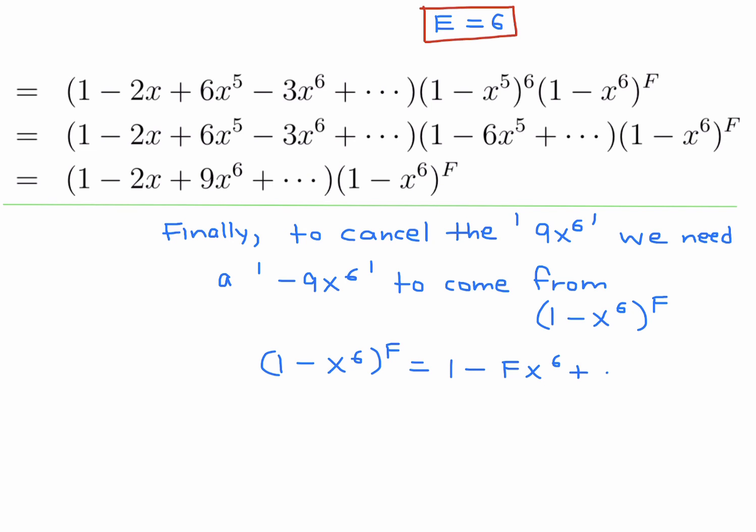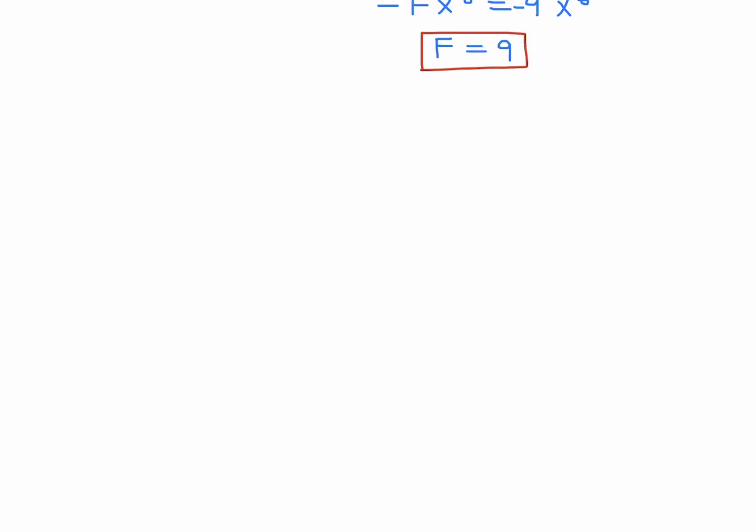And when we do, we get 1 minus fx plus ... And then this, therefore, has to be negative 9x to the sixth. That's what we need to cancel. So minus fx to the sixth has to be equal to minus 9x to the sixth. Therefore, f is equal to 9. So there we go. We've gotten all the letters.